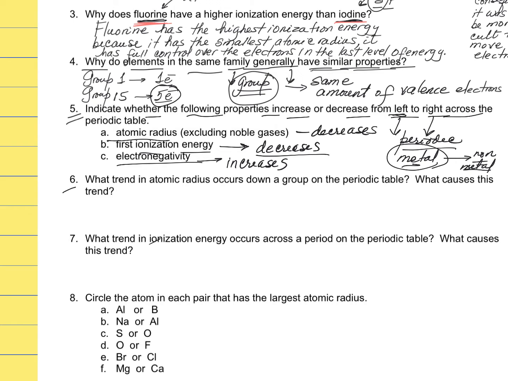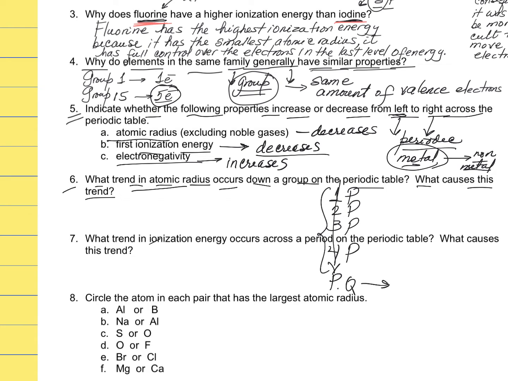Okay, number 6. They say, what trend in atomic radius occurs down a group on the periodic table? What caused this trend? So easy. As you're going down a group, see, period 1, period 2, period 3, period 4, that number is the principal quantum number. It gives you information about the main level of energy.